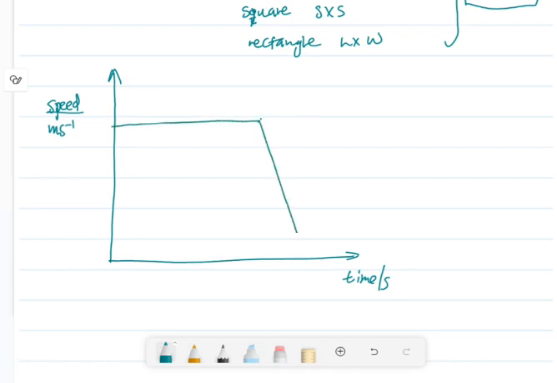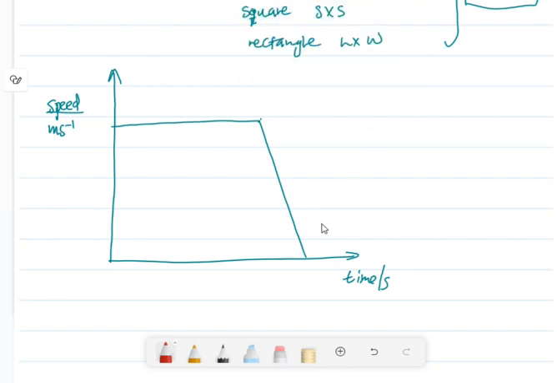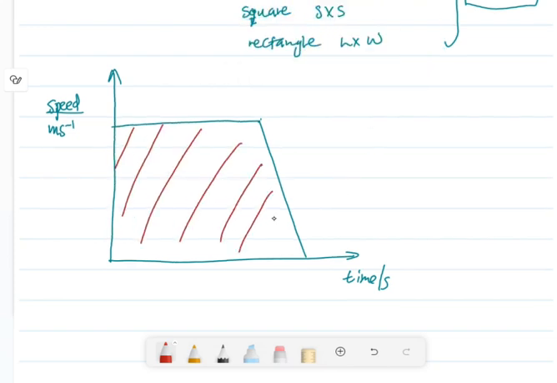So if it happens that I have an object which was traveling with a constant speed there, then suddenly went to rest. If I'm asked to find the total distance traveled during this time of motion, I'll have to check what type of shape I have here. This is definitely a trapezium.